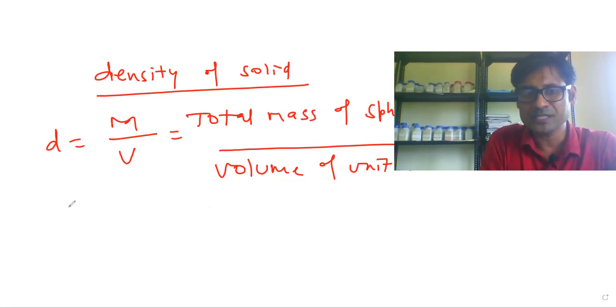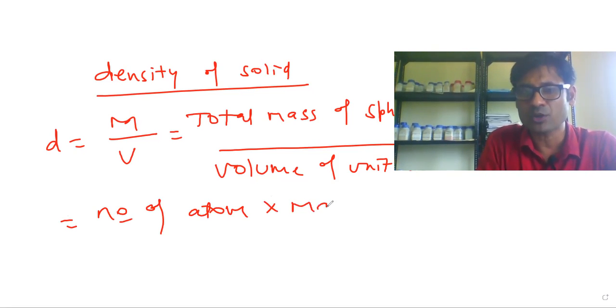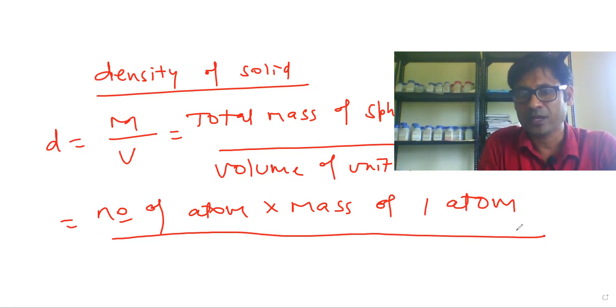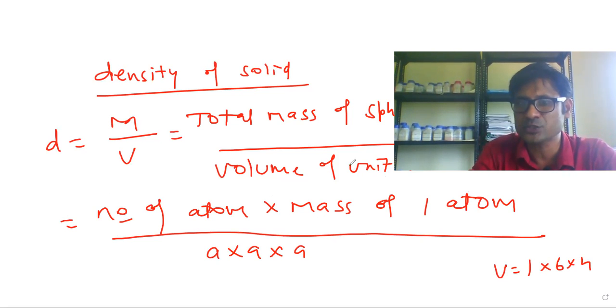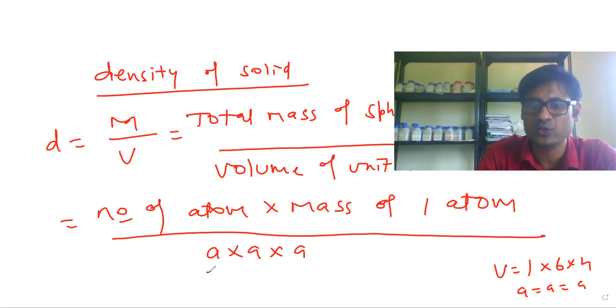And total mass means number of atoms into mass of one atom, divided by volume of unit cell. Volume means length into breadth into height, and this one is a cube. Unit cell means cube is there, means length, breadth and height are the same, and that is a, means a cube.